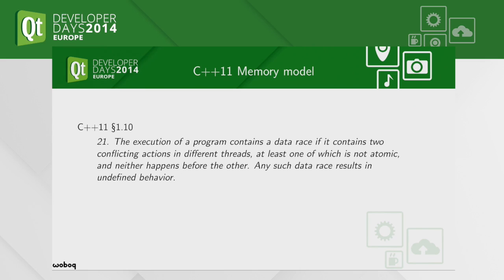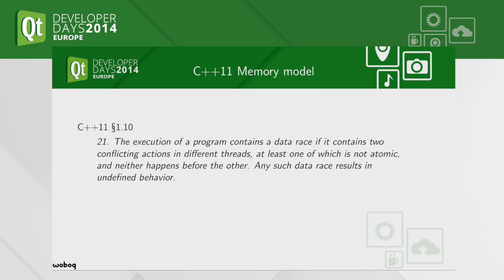So we will see that when you have a mutex, the critical section of a mutex is defined as happening before another critical section of a mutex in another thread that happens after. So in that case, you can write on the same memory location if you're inside a mutex. You can also write on the same memory location if both are atomic. But you cannot write on the memory location if you don't have those barriers.